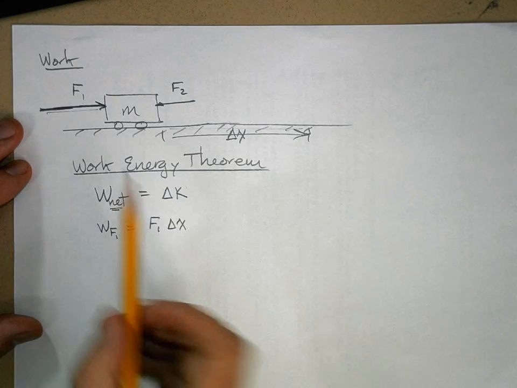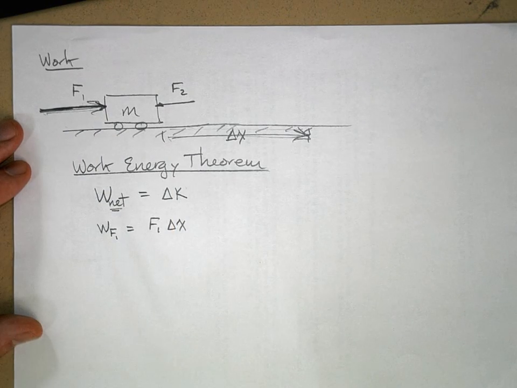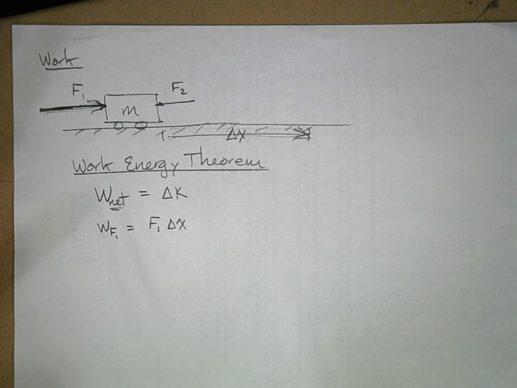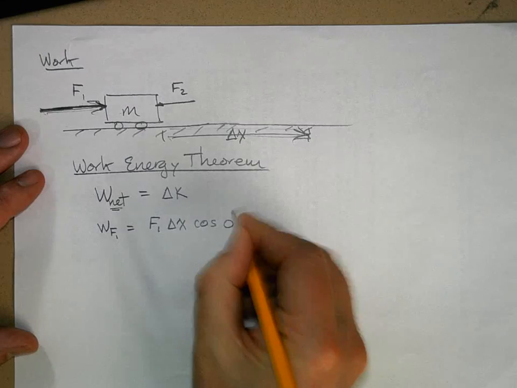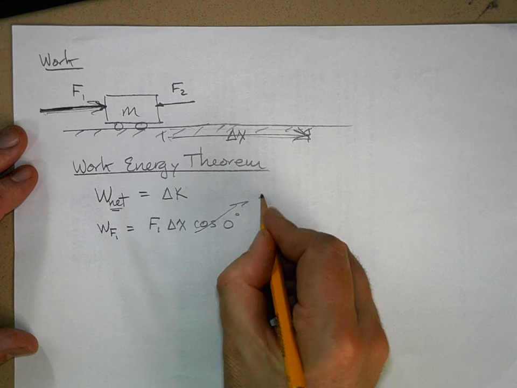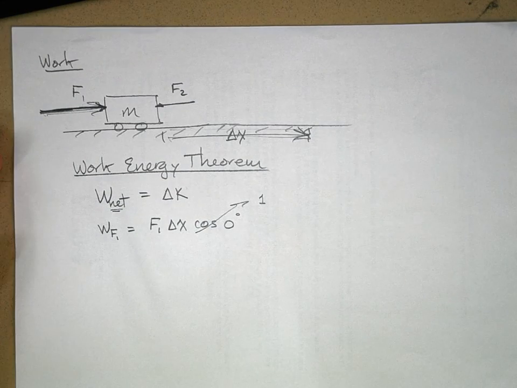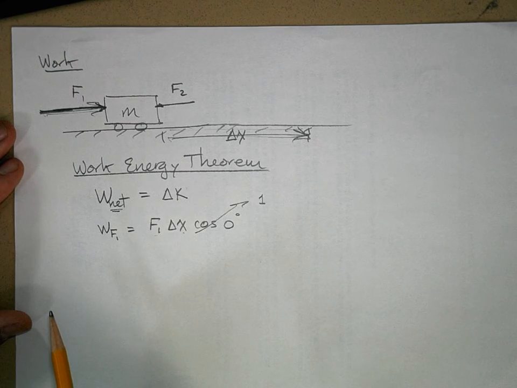Now look at F1 and delta x. They are parallel to each other, right? They're in the same direction. So what's the angle between them? 0. So cosine of 0 is what? 1. And you better know that the cosine of 0 degrees is 1. So that just means F1 times delta x will be the work done.